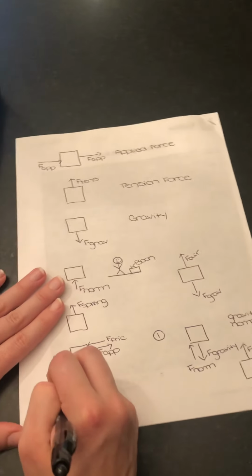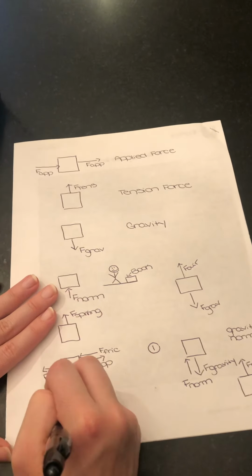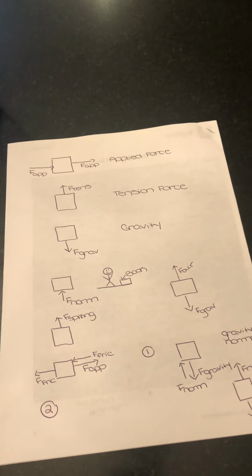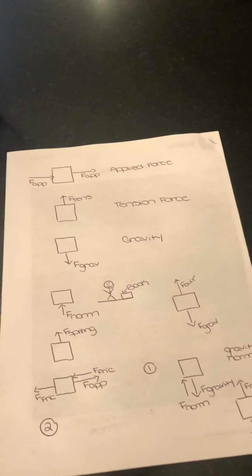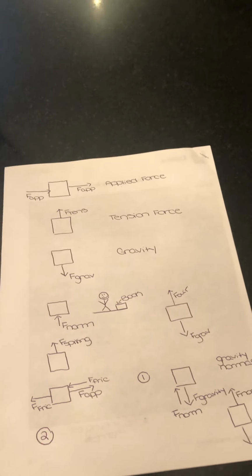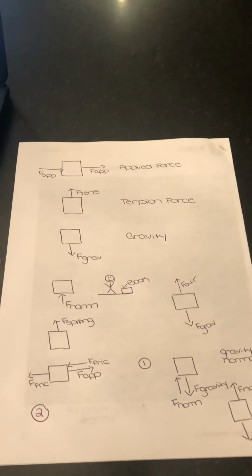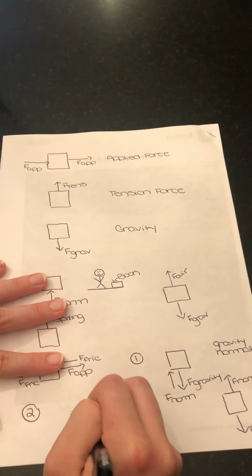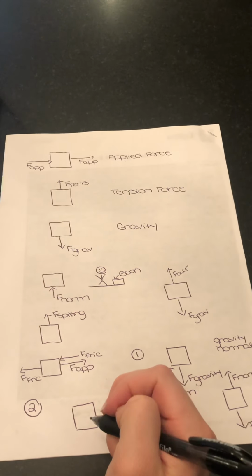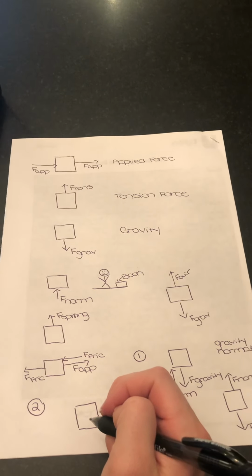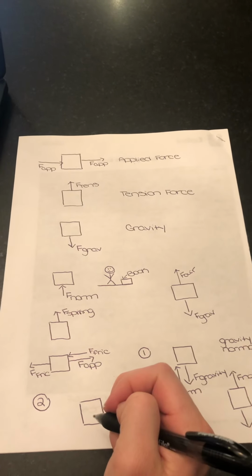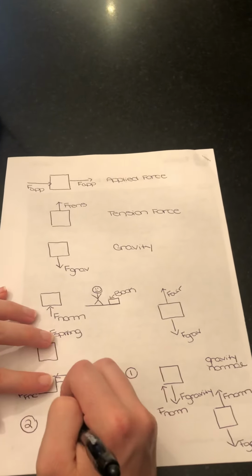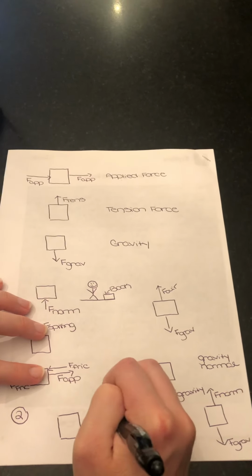Number 2, I'll just do right here. A gymnast holding onto a bar is suspended motionless in midair. The bar is supported by 2 ropes that attach to the ceiling. Diagram the forces acting on the combination of gymnast and bar. So this square represents both the gymnast and the bar she's holding onto. So obviously if she's holding onto a bar suspended by 2 ropes, you're going to have 2 tensional forces.